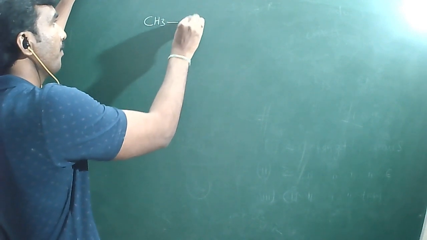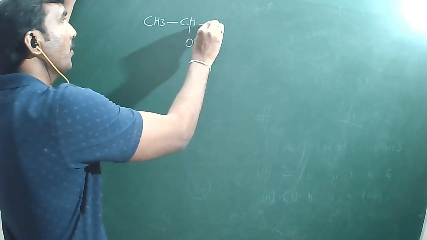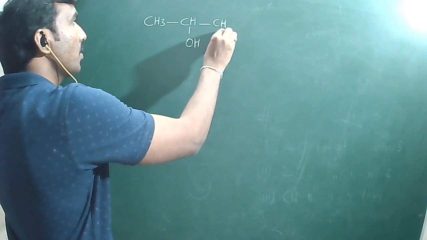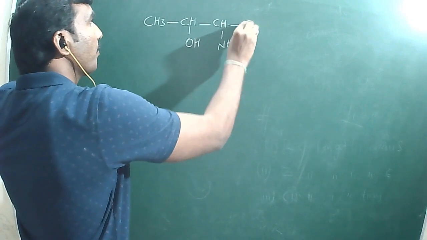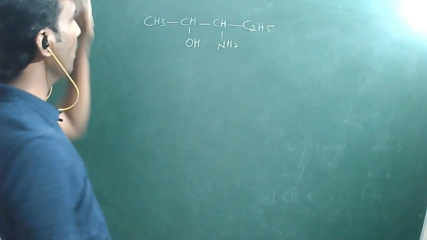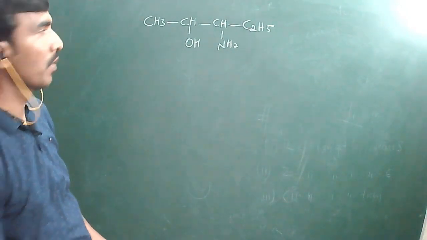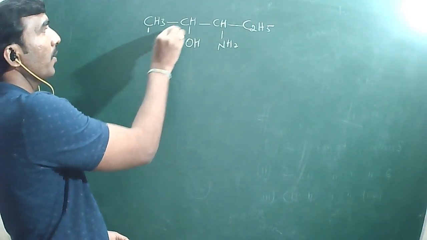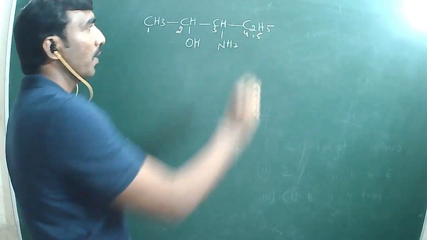CH3, CH OH, and CH NH2 and C2H5. Total how many carbon atoms are there in this compound? According to the IUPAC name, I can give numbering like this: 1, 2, 3, 4, 5.